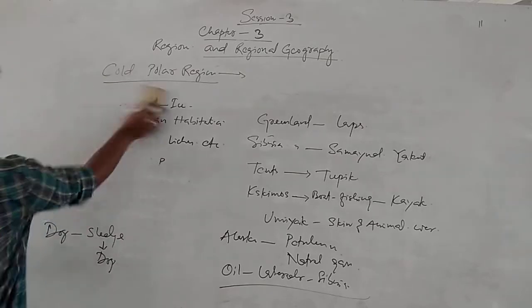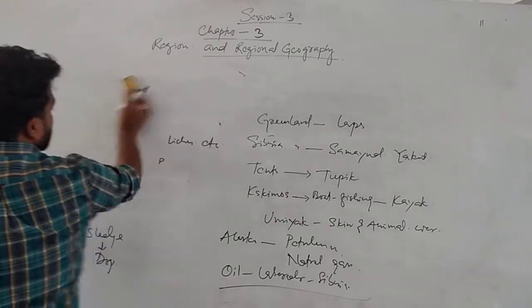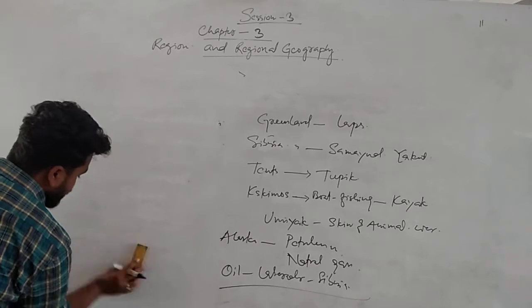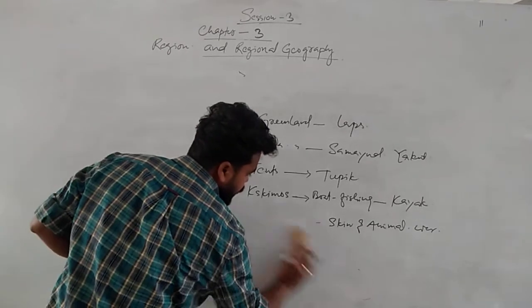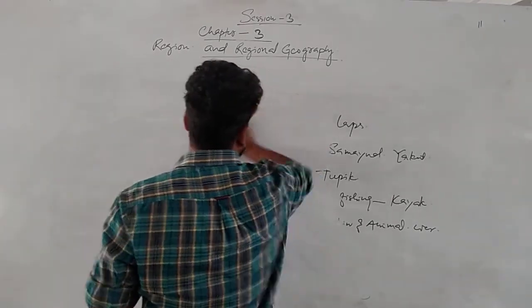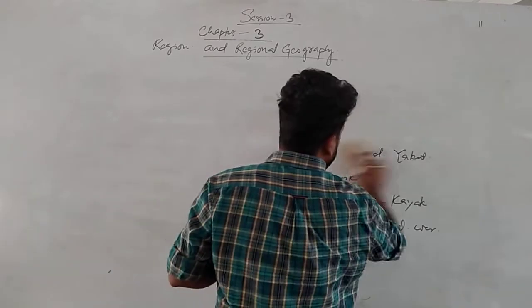Okay, the last region of the chapter, we are discussing the natural regions. How many regions have we divided? 11 regions. So the 11th and last is the high mountainous region.